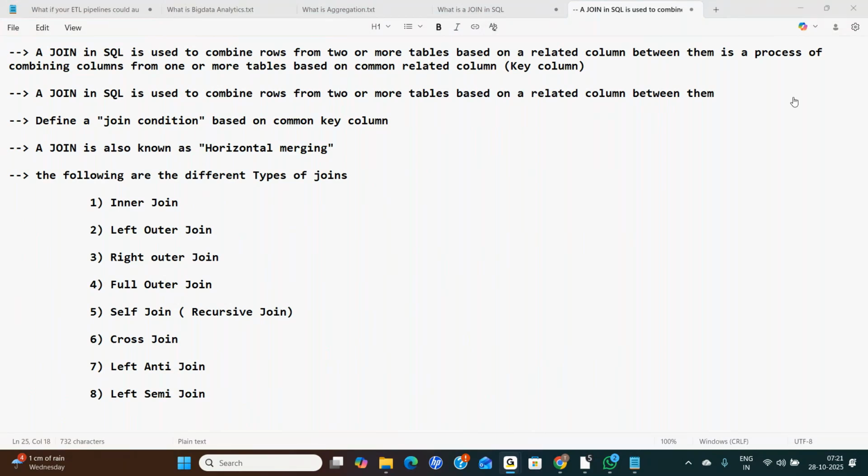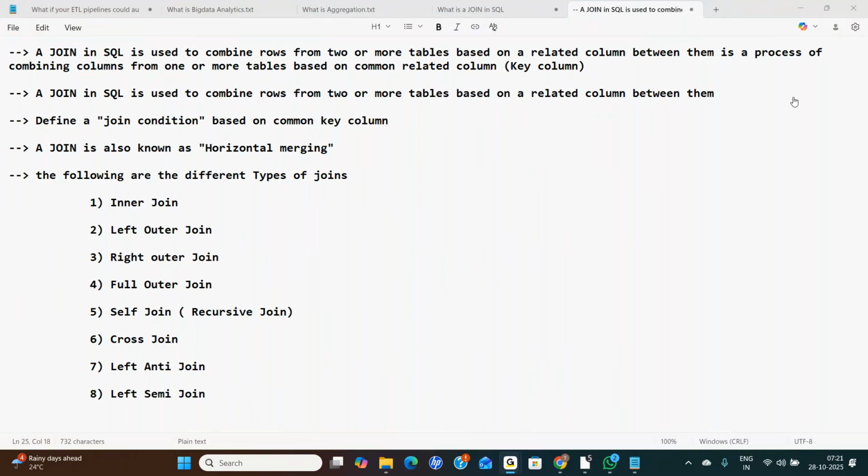First two means inner join and left outer join. Last two means left anti join and left semi join. Based on past experience, I'm telling you these are very frequently used.